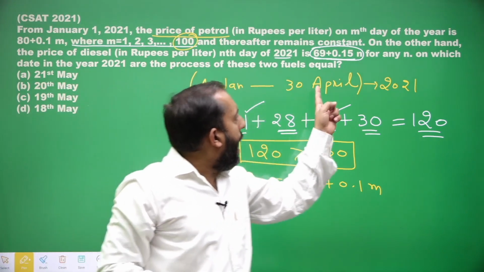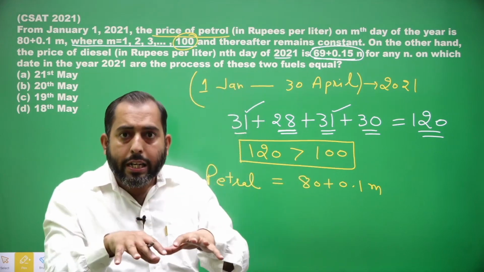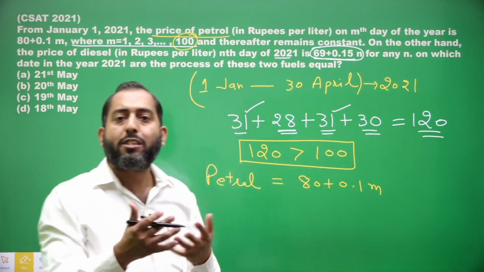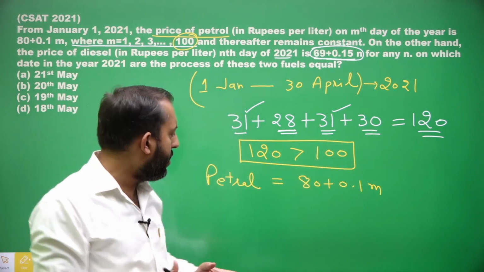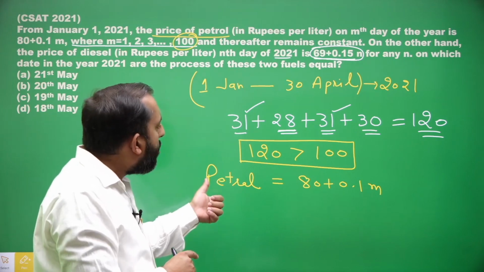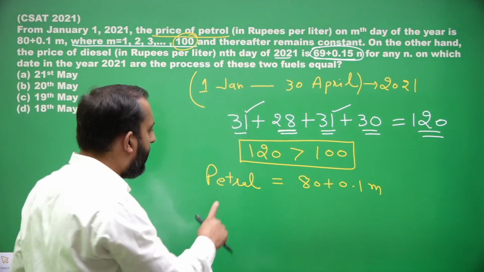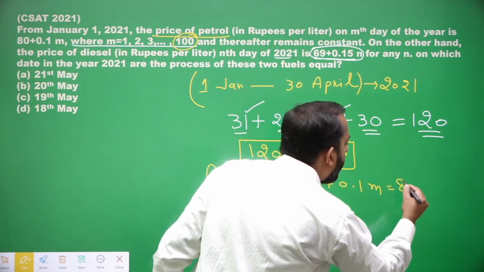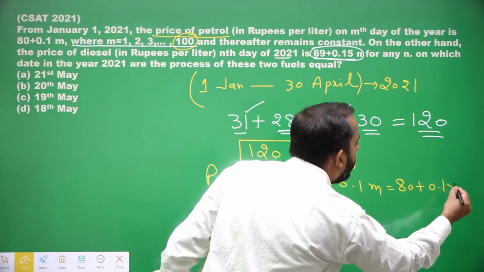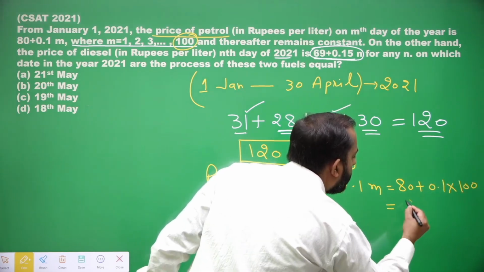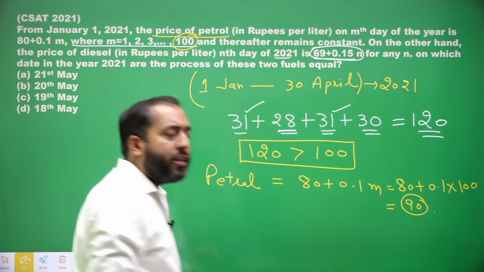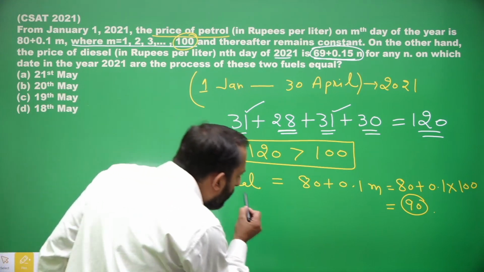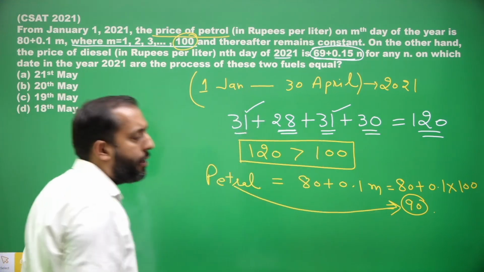So on 30th April, the value of M is more than 120, but the maximum value that M can take is 100 only. So the price of petrol at the end of April is 80 plus 0.1M, that is equal to 80 plus 0.1 into 100. That is 90 only. So at the end of April and throughout May, the price of petrol will remain constant, which is 90 only.